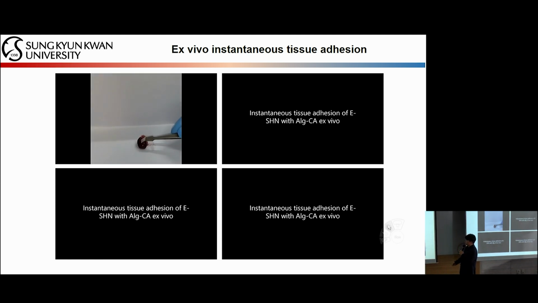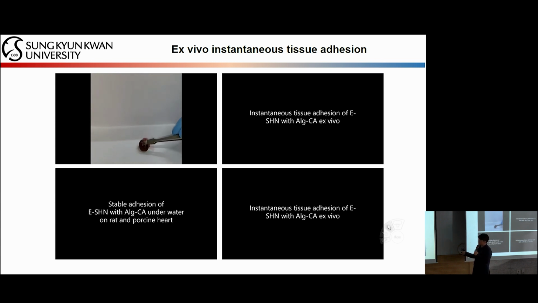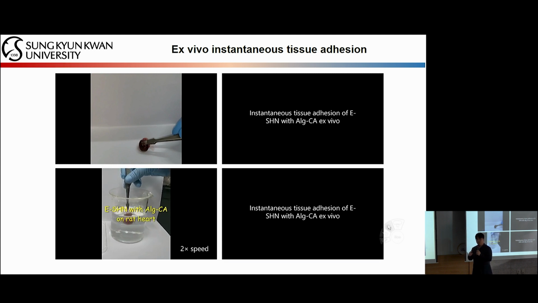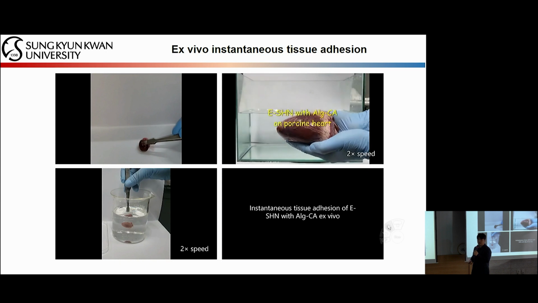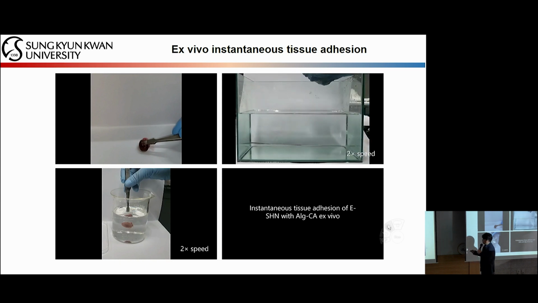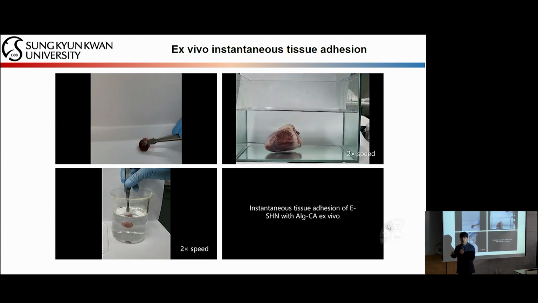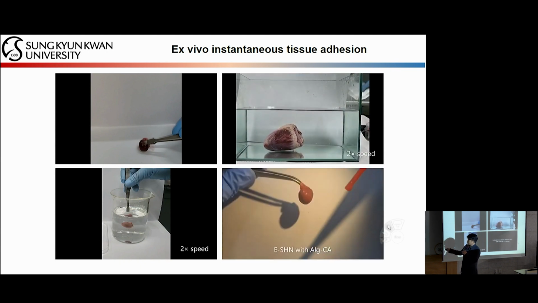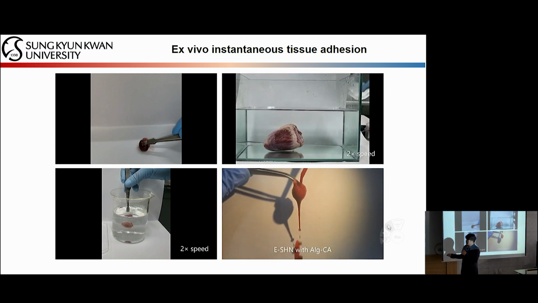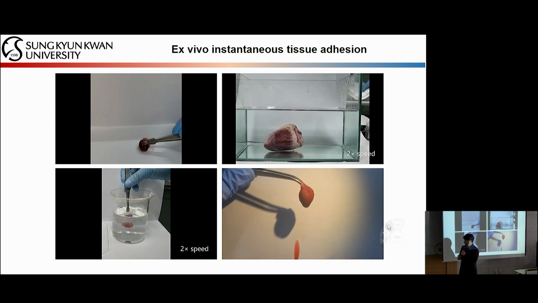Okay, so we can attach our patch to a rat's heart. The attachment is finalized in only 0.5 seconds, and we can put it in water. It was still stable, and we can attach the film to larger porcine cardiac tissue, even in an underwater condition, and the tissue was also stable, even under some drops of blood.